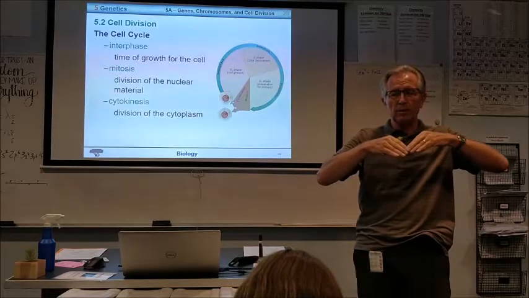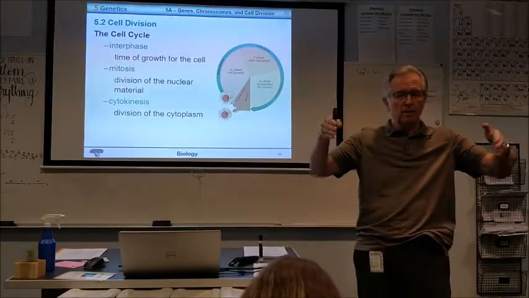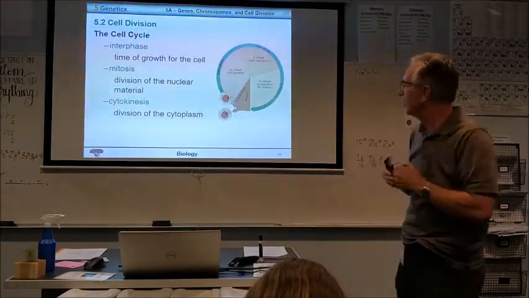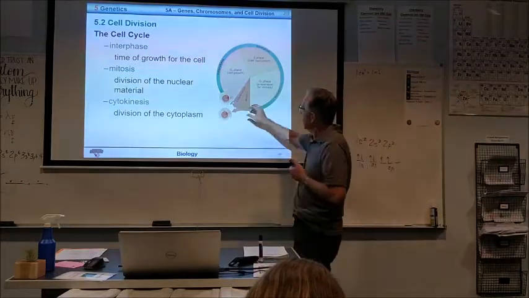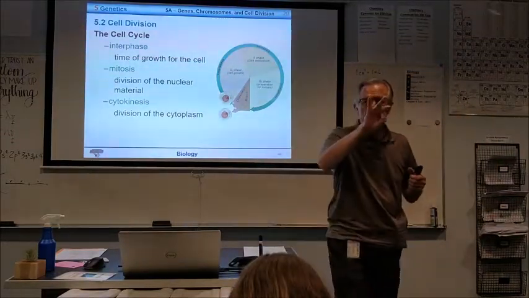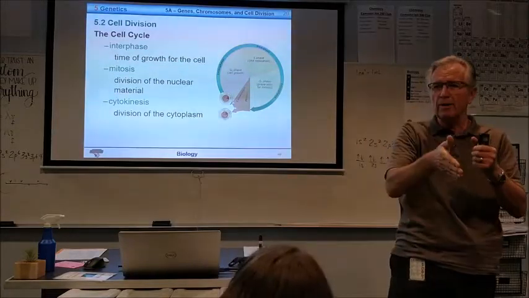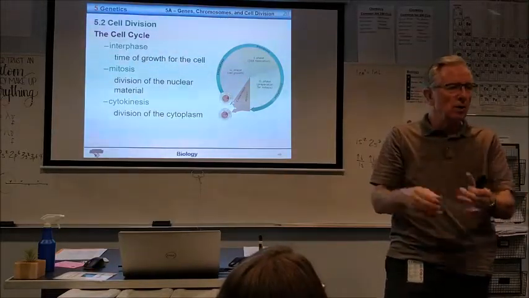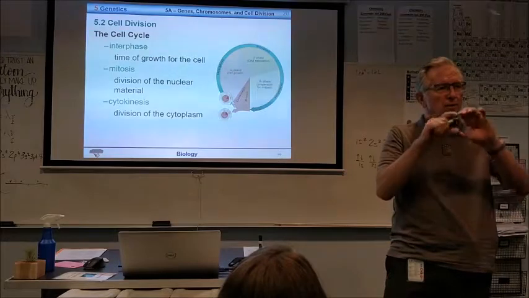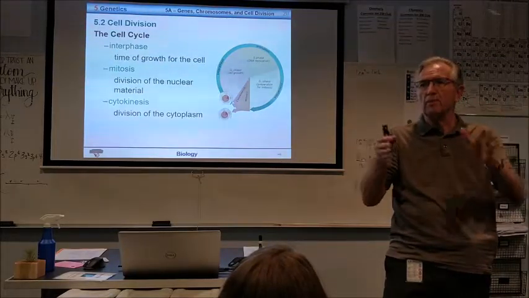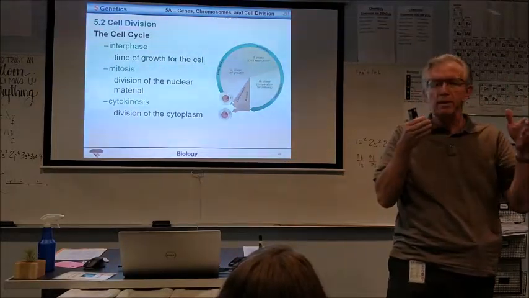So the nuclear material gets divided between these two new cells that are forming. And then once that has happened, we need to divide the cell, like pinch it off or wall it off, whatever you want to call it, between the two halves so that we have two distinctly new cells.